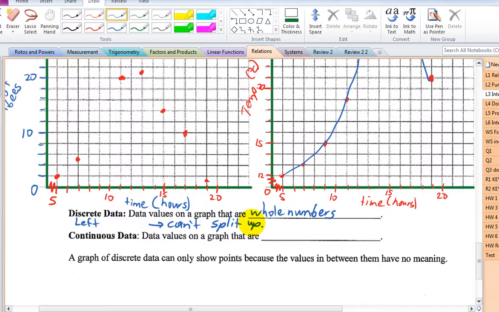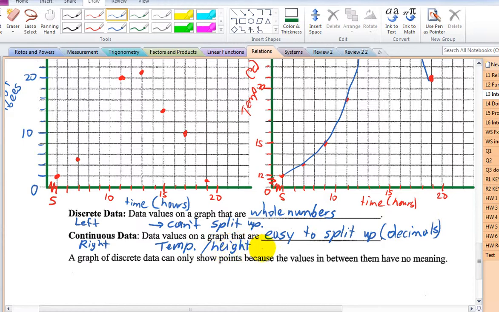Okay, can't split up. Whereas continuous data, that's the graph on the right. Data values on a graph that are easy to split up. They're going to have decimals. Such things as temperature, height.